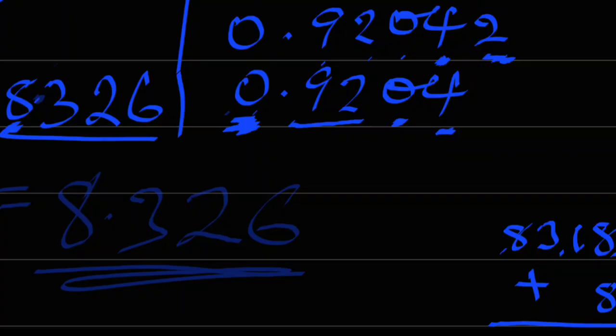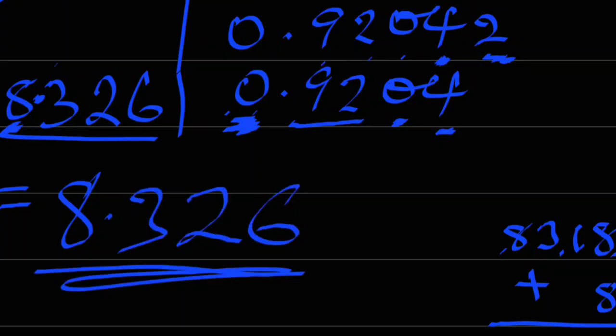So since we are not moving at all, you will just print the decimal there. Supposing we have 1 here, we will have moved the decimal once. But the number is 0, so you just print the decimal out there. So our answer is 8.326. That's our answer.